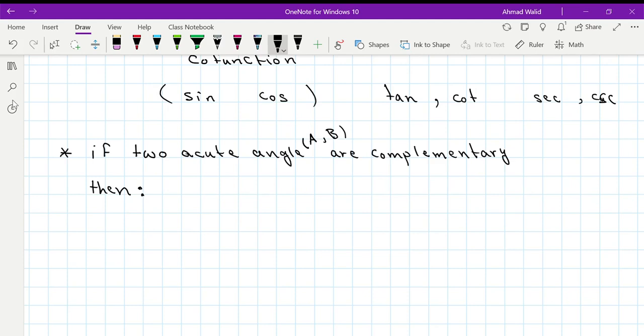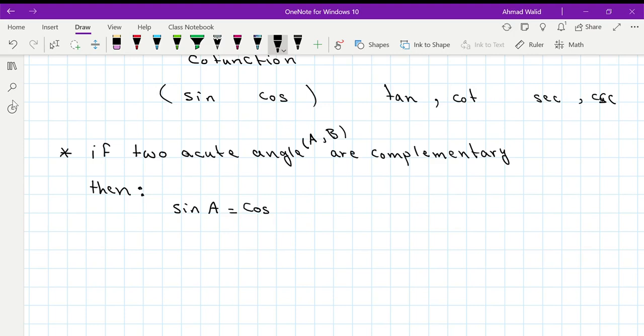What relation? Sine of angle A will be equal to the cosine of its complementary. Because I'm writing in general form, the notation looks kind of weird, but the meaning is this.